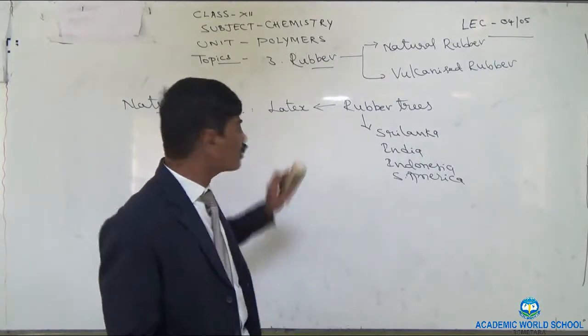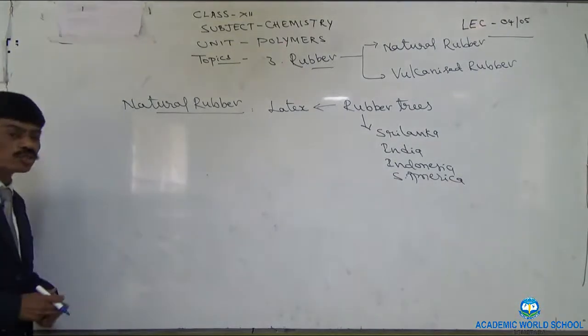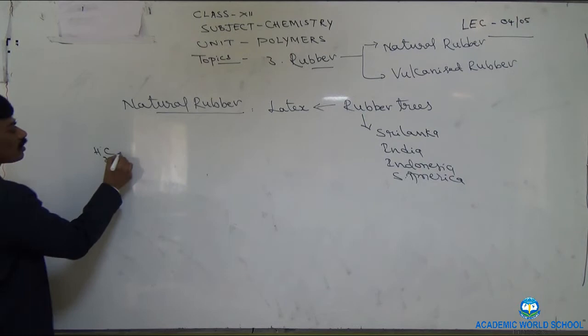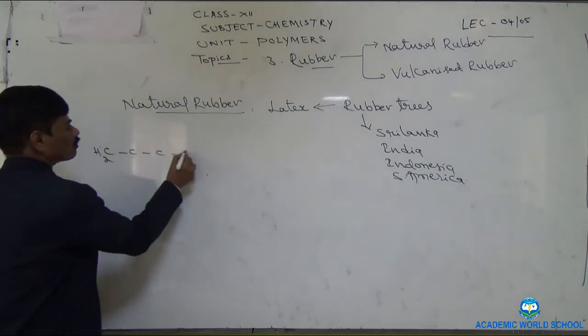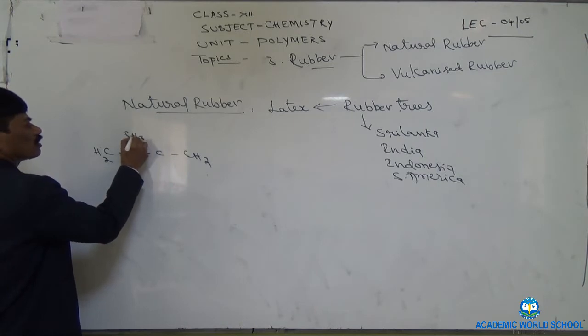Now let us see what does this latex contain. Latex contains 2-methyl-1,3-butadiene, that is CH2, CH2, and this is CH3.